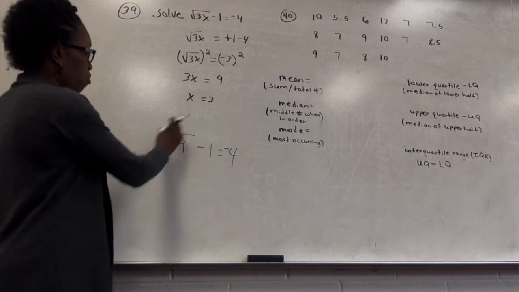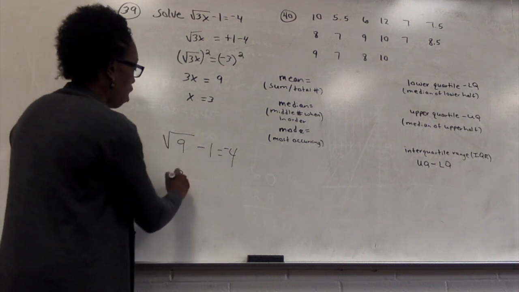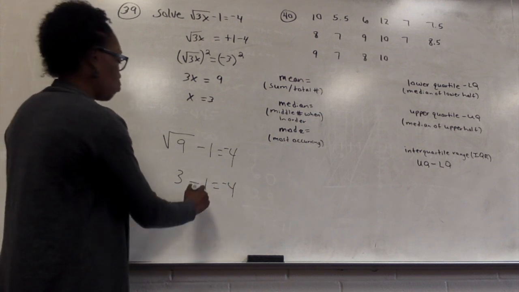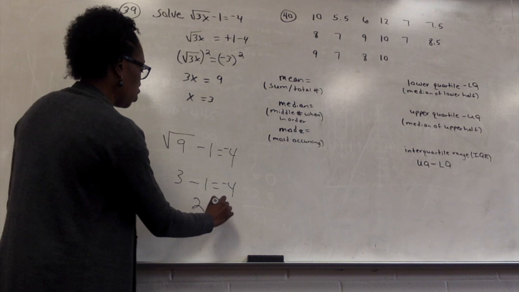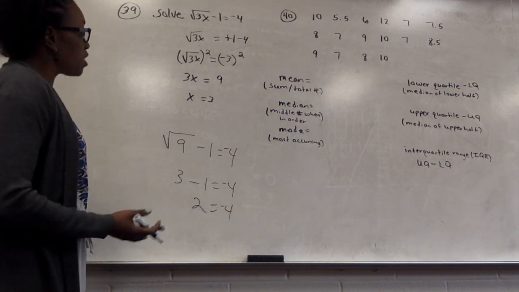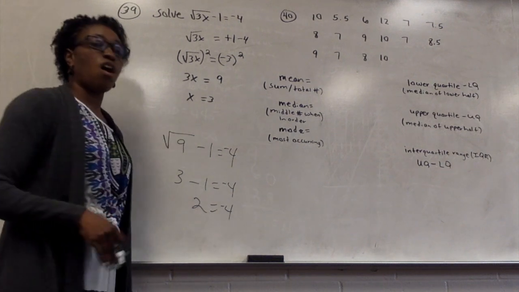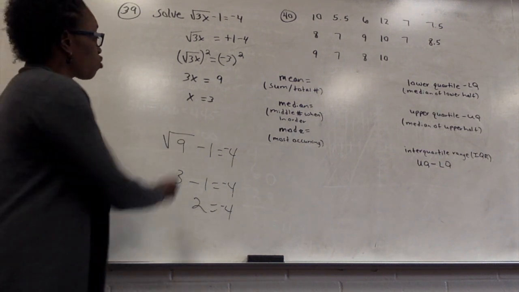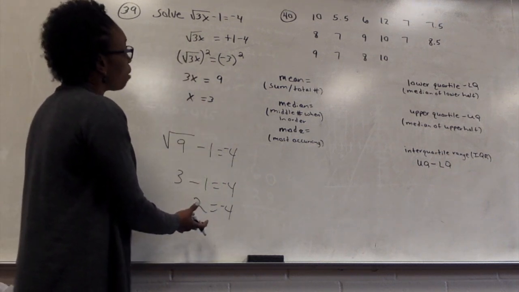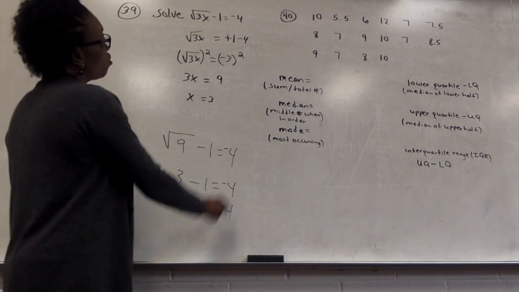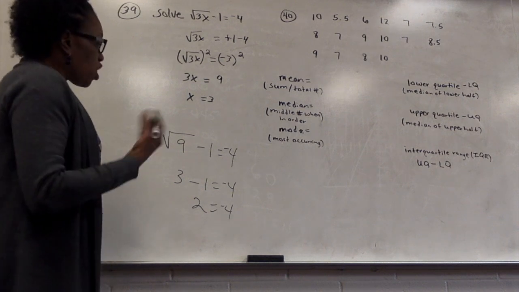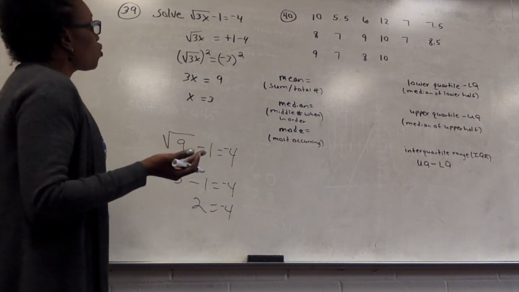Now, when I take the square root of 9, that becomes a +3, minus 1 is 2, which is not -4. So we do get some cases where there is a solution, and we call them extraneous. These would be extraneous solutions because, yes, there is a solution to the problem, but this answer does not work in this particular problem when you're plugging it in. So you do have to make sure you are understanding.